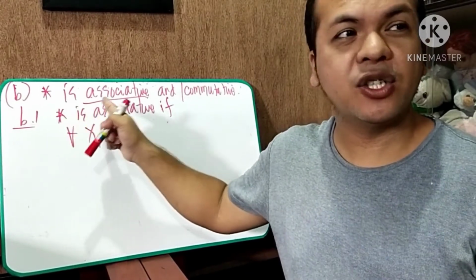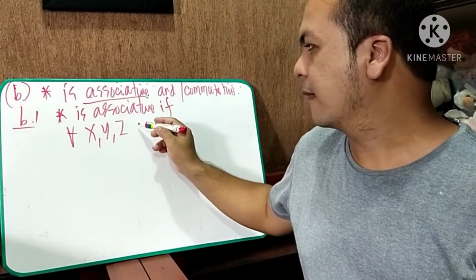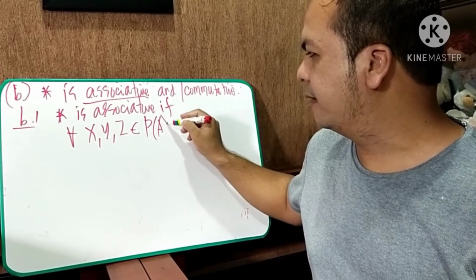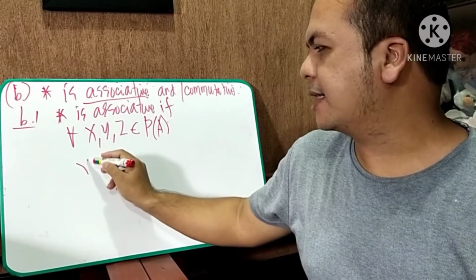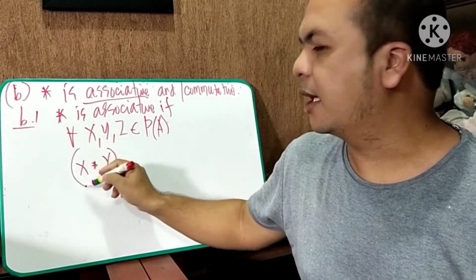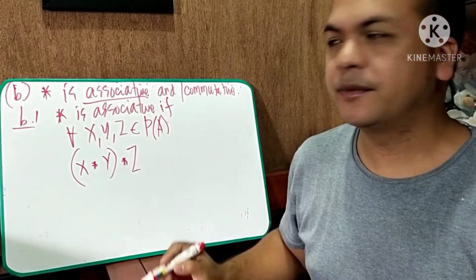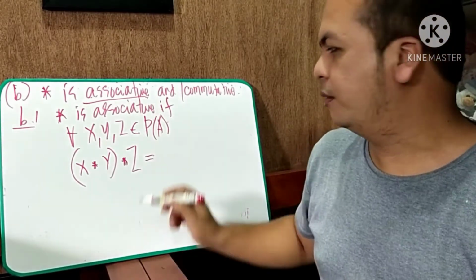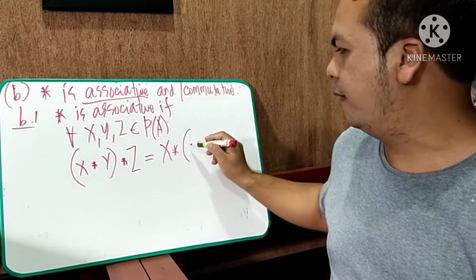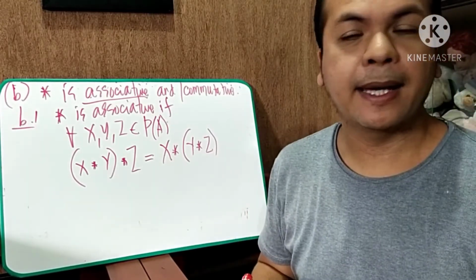Okay. So, para maipakita natin na yung star is associative, so, balikan natin yung definition ng star being associative, no? So, star is associative if for all x, y, z elements of P of A, yung x star y na quantity star z is equal to x star the quantity of y star z. Okay?